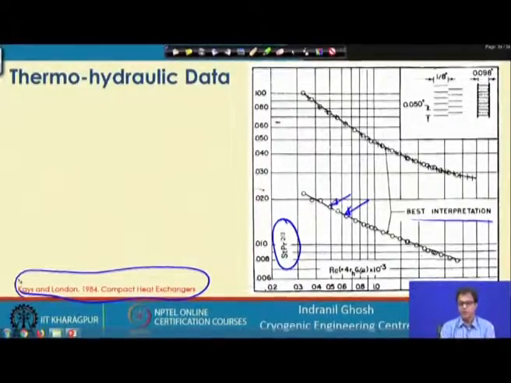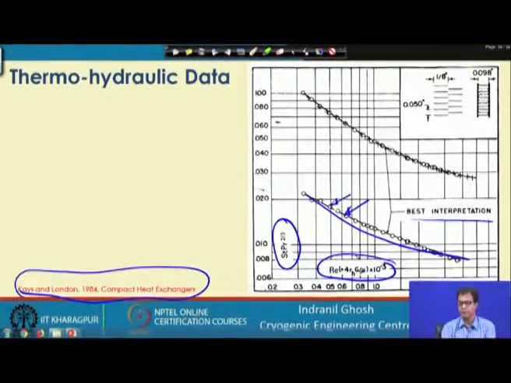So, here we find that both the J and f, this J is expressed in terms of the Stanton number and Prandtl number to the power 2/3, and this is how it varies with the Reynolds number.